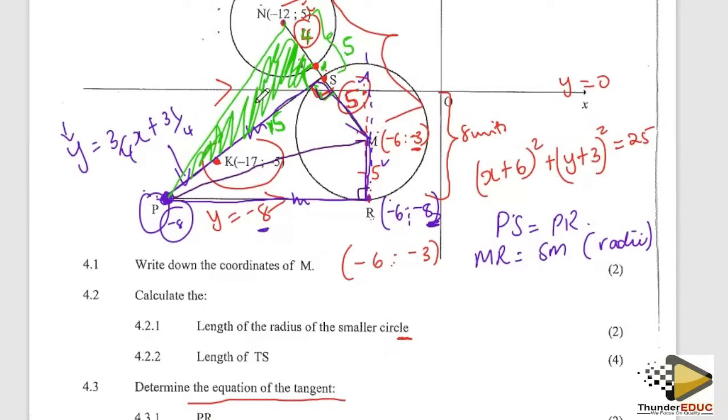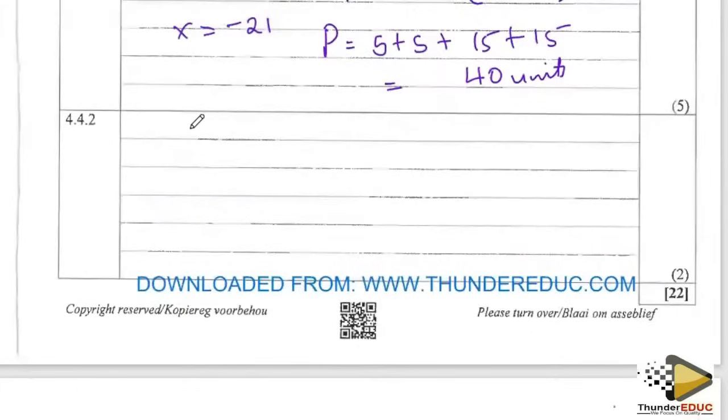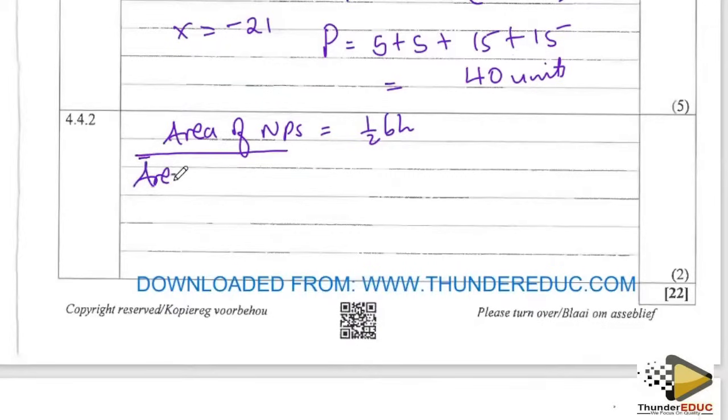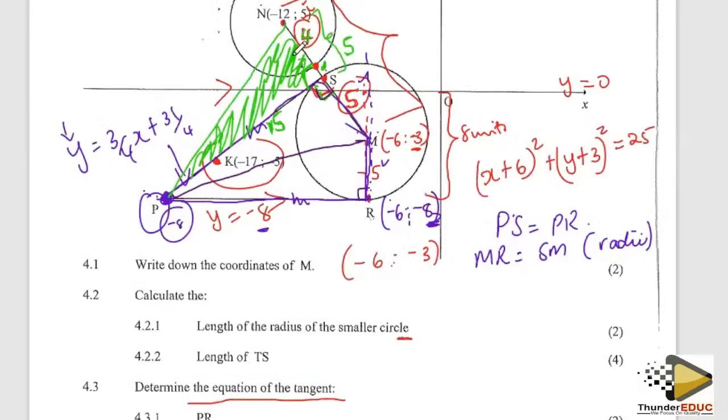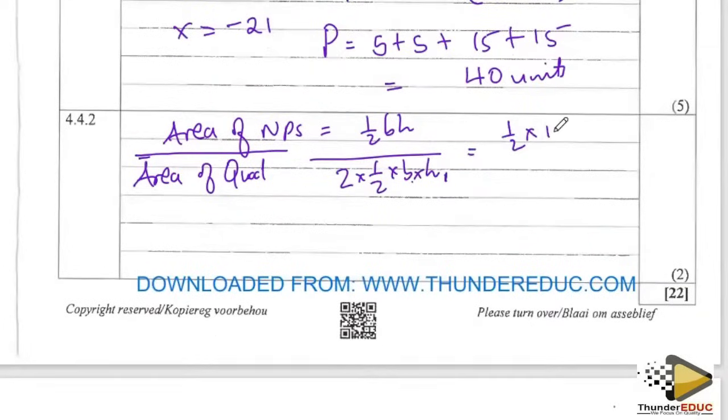All right, so what I'm going to say, area of NPS is going to be a half base height, over the area of the quad, which is also 2 times a half base height. Let me call this height 1. It's the same base, not a problem. So that's going to be a half times our base. We said it's 15. Our height was a combination of 4 plus 1.